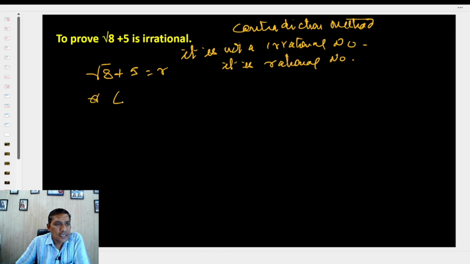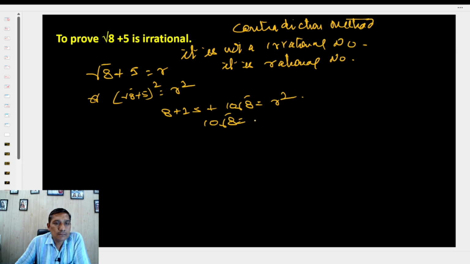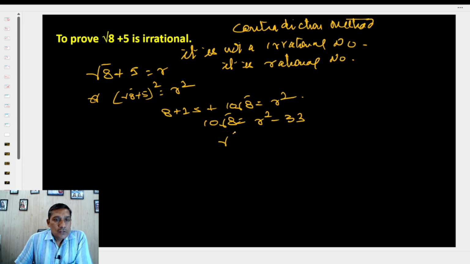What I can do is find the square on both sides. So root 8 equals r square minus 33 by 10.